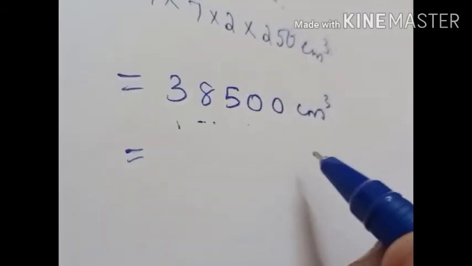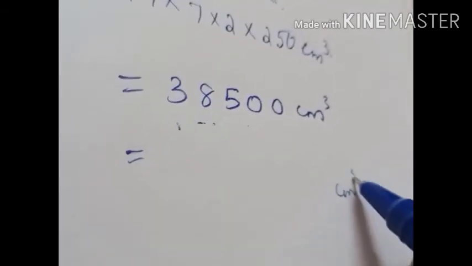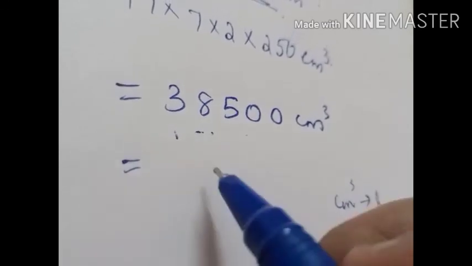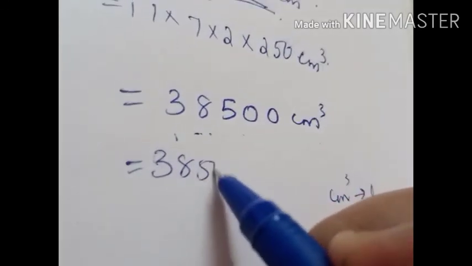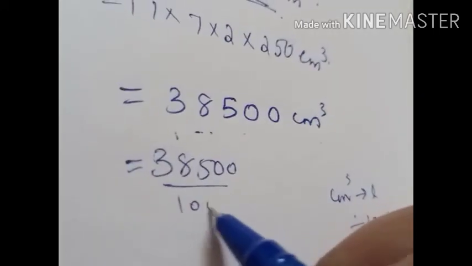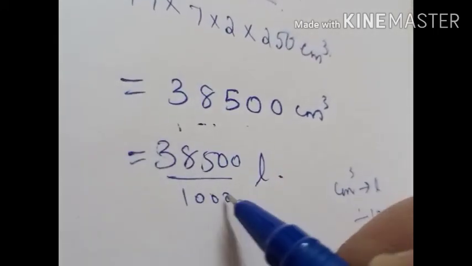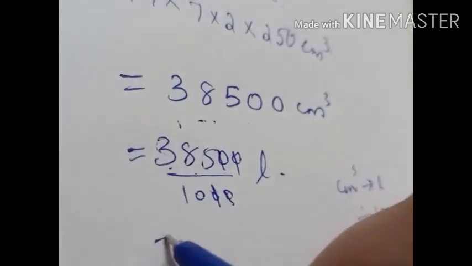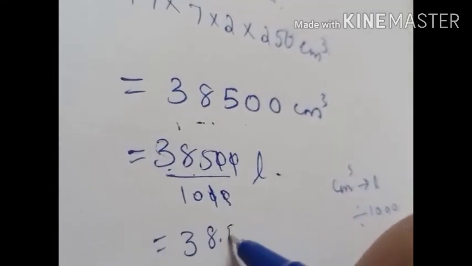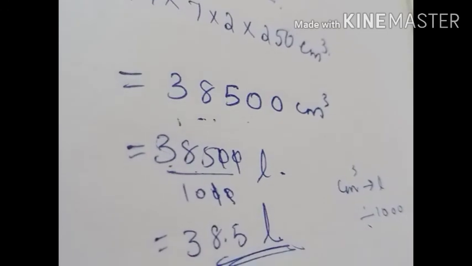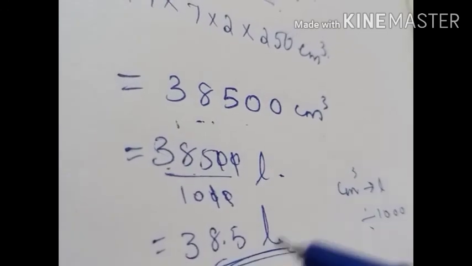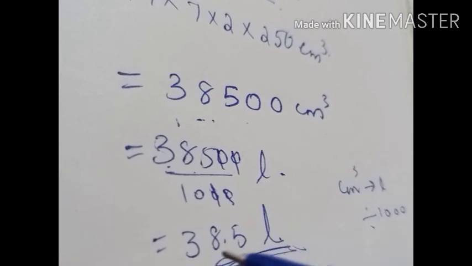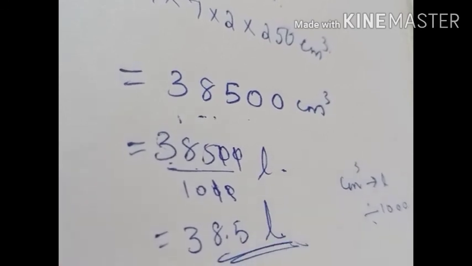To convert centimeter cube to liter, what we should do? Divided by 1000. So 38500 by 1000 liters. Then we can cut these two zeros. Then 385 by 10 is 38.5 liters. So how much soup we prepare for these patients? That is 38.5 liters.